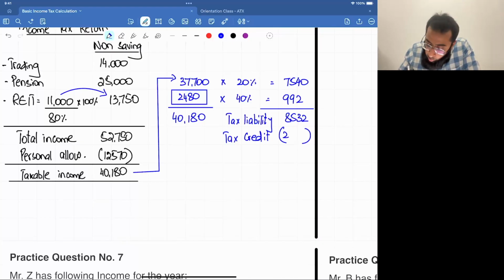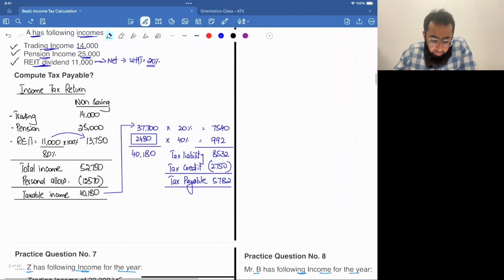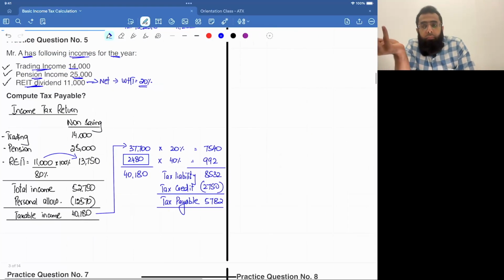Okay, that was 2,750. Difference of 13,750 and 11,000. So that gives me the tax payable. Done. 5,782. So if you look at it carefully, I believe that it's just simple.